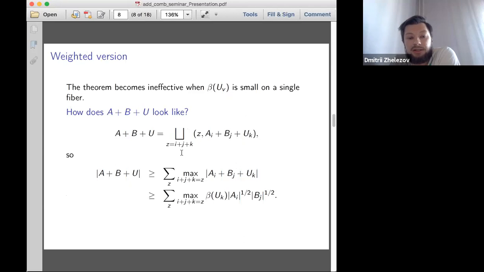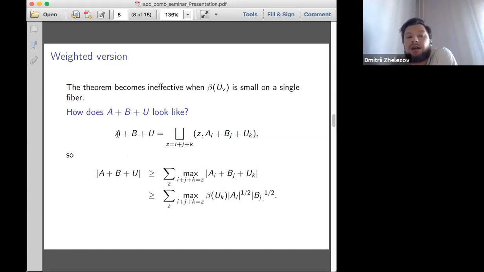To cure this, we need to find a way to weight different slices, different fibers, so that if we have just a few small fibers, we can still get a decent bound, because the large ones, the ones with the large beta, would dominate.